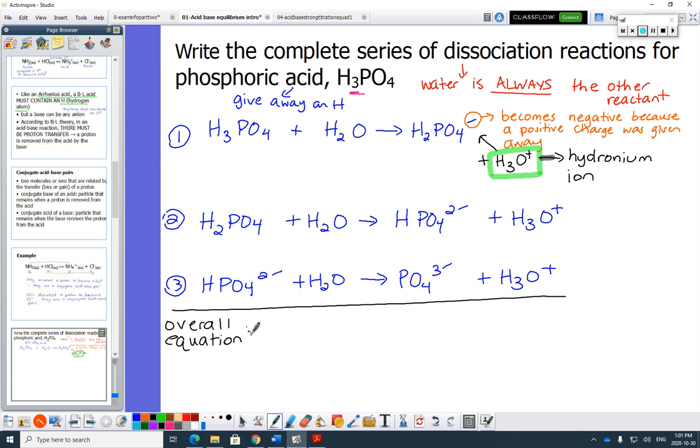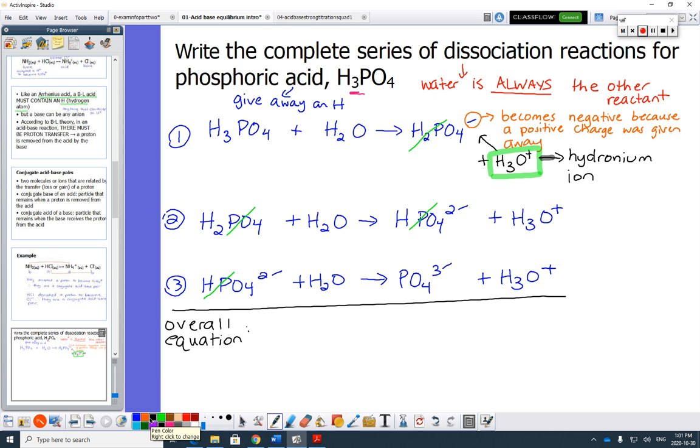Are there substances we can cross out? Reactant, product, reactant, product, reactant. Those things will be canceled out like we did before. And the overall equation actually makes a lot of sense.